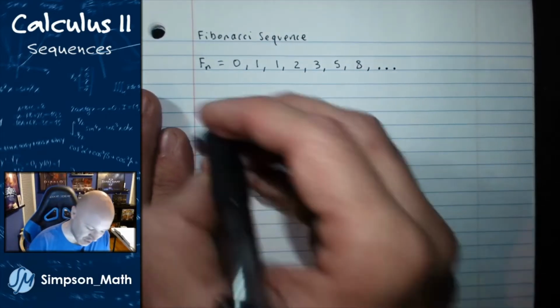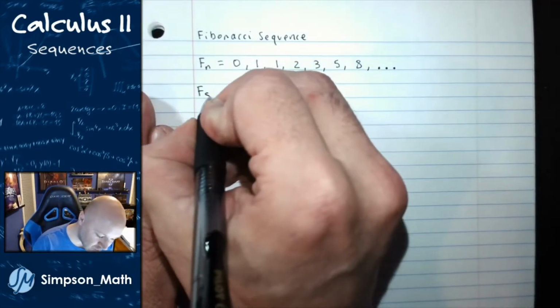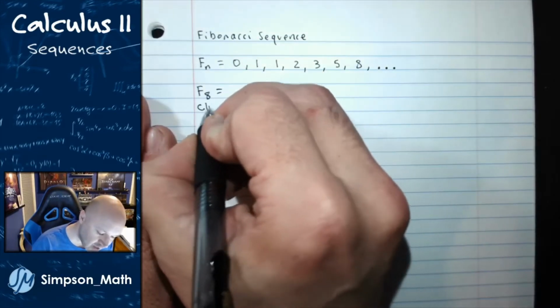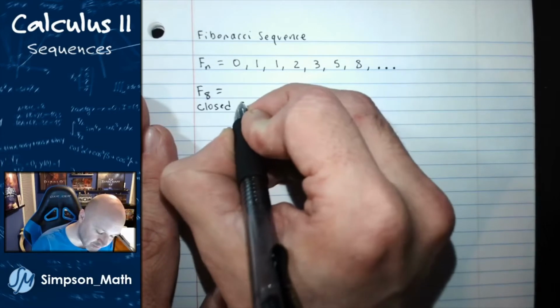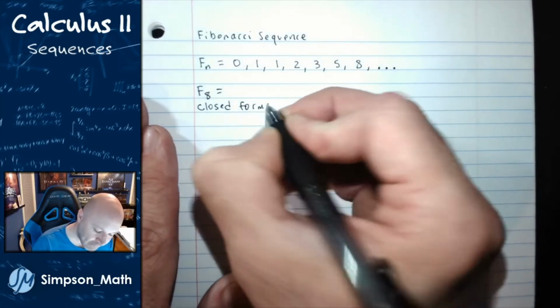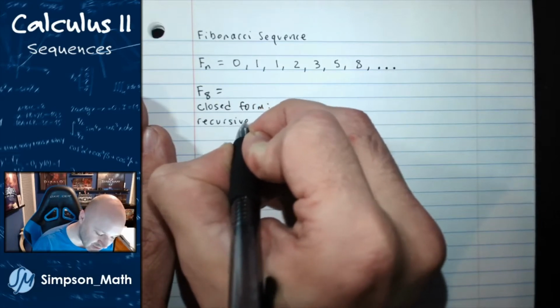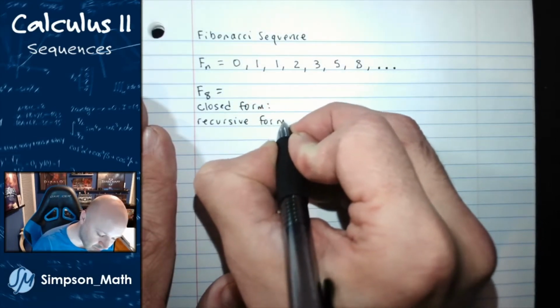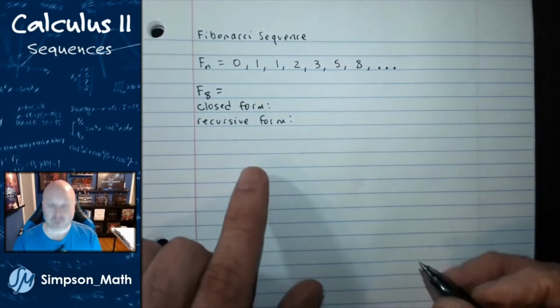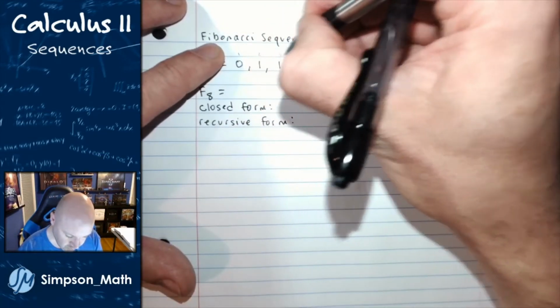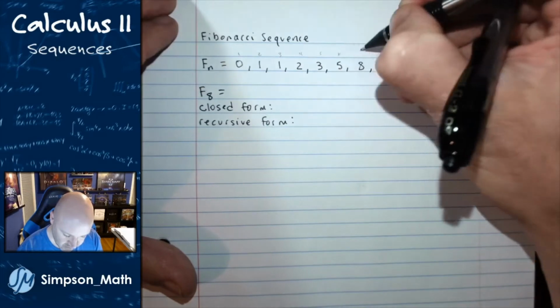But I have the same questions. I want to know, what is the 8th term of this sequence? The closed form, and then a recursive form. So this is 1, 2, 3, 4, 5, 6, 7.